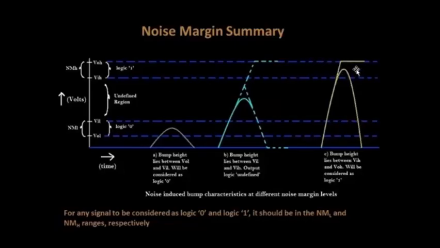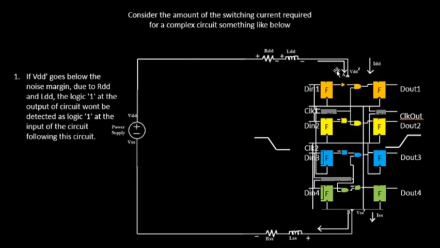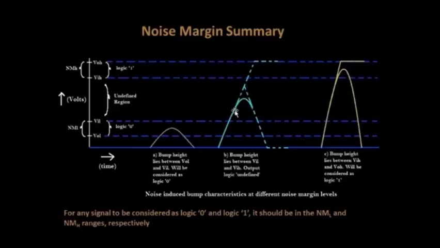But if the voltage drop over here is too huge, let's say it's not 0.7 volts but 0.5 volts, and 0.5 volts lies somewhere in this area, we are in an unsafe zone. That might lead to a move either to logic 0 or to logic 1. So it's basically an undefined area. It's a gray area for us.